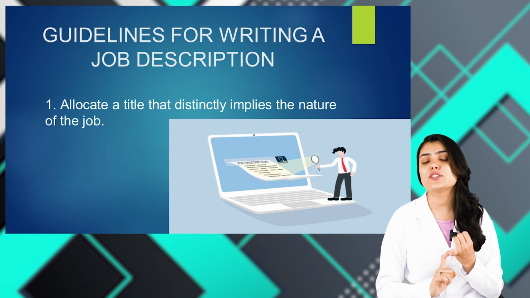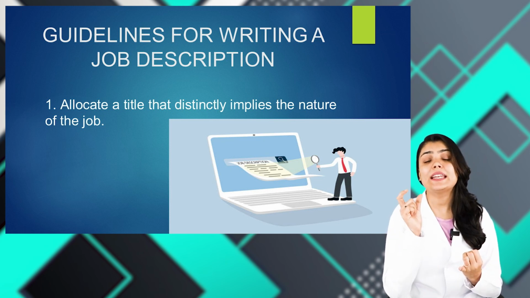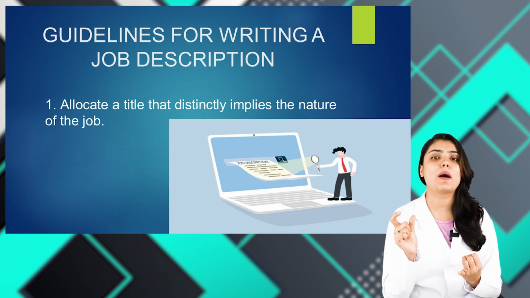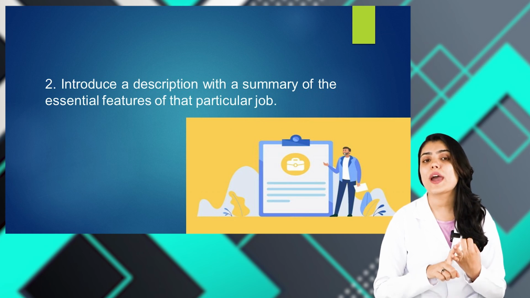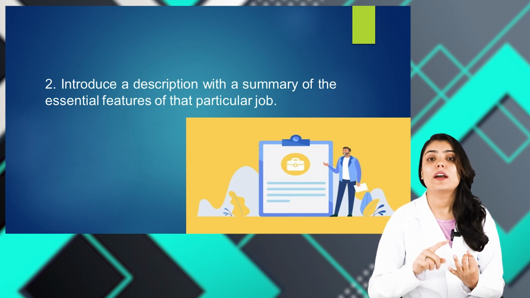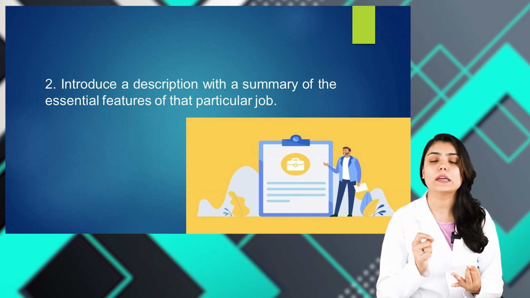So the first guideline is to make sure that whenever a title is selected for the particular job, it at least gives an idea about the nature of the job. The second important guideline is to also have a brief description about what the job expects from the employee.